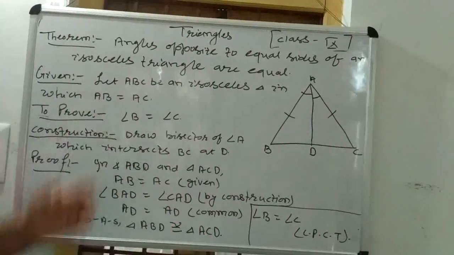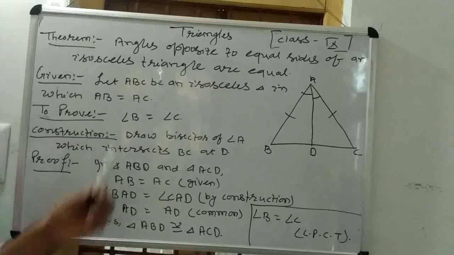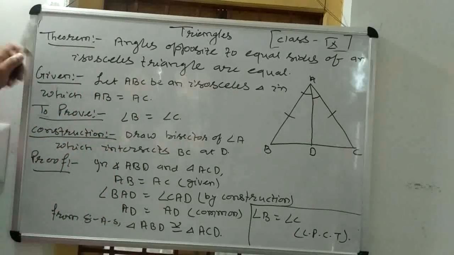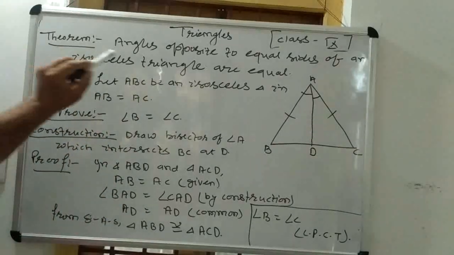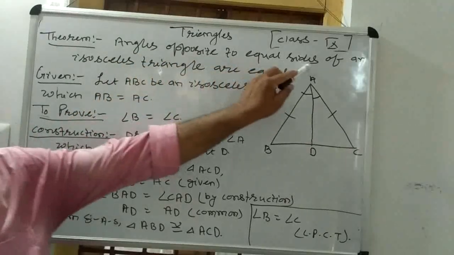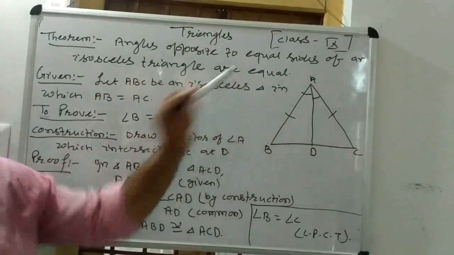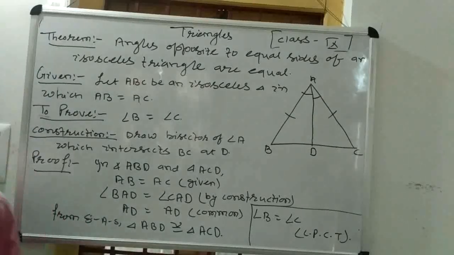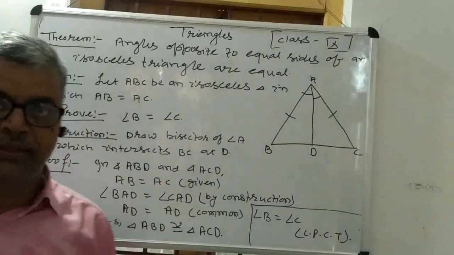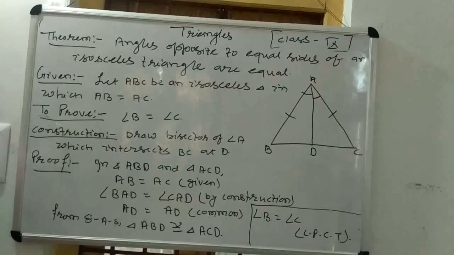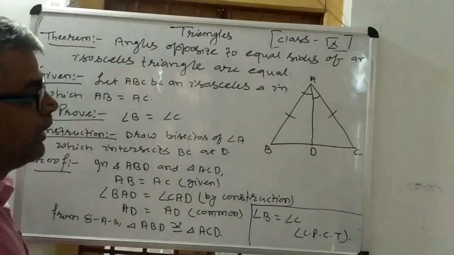Let's look at it once again. The theorem was to prove that angles opposite to equal sides of an isosceles triangle are equal. As you know, isosceles triangles are those triangles whose two sides are equal. So let us draw a figure.